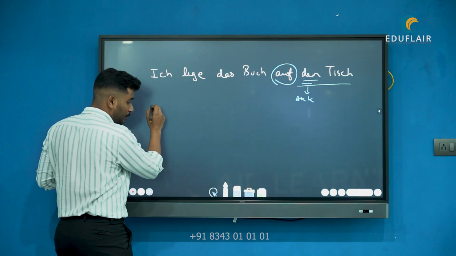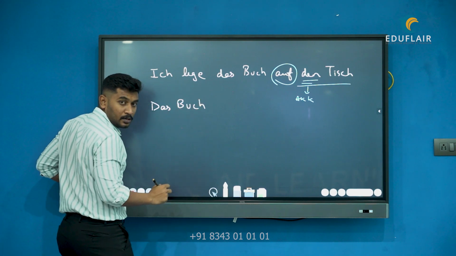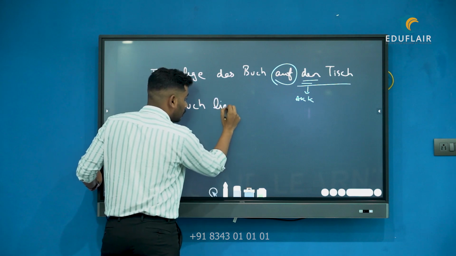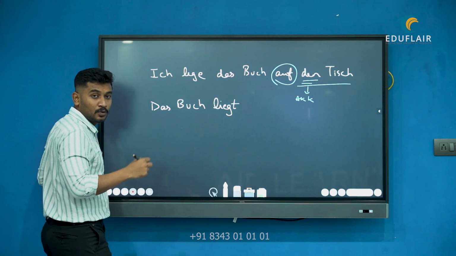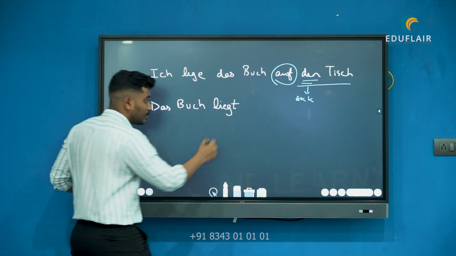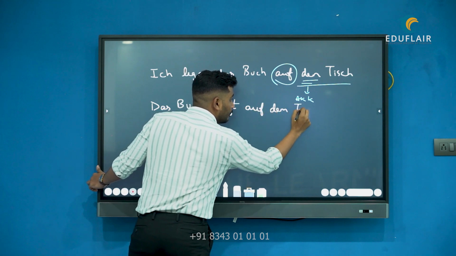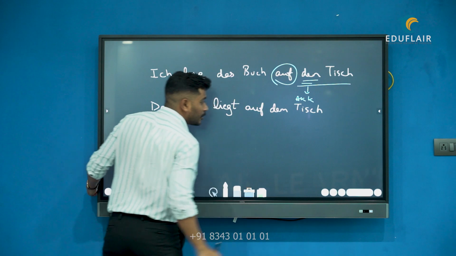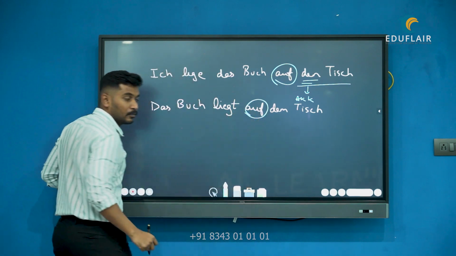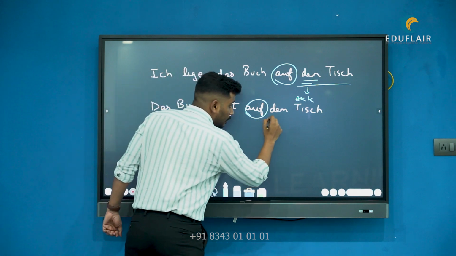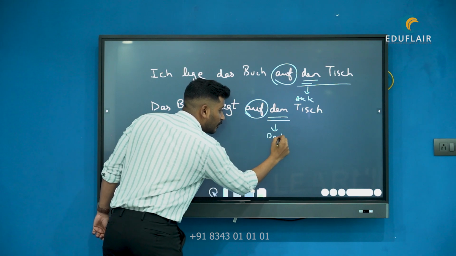Let me write down the example. Das Buch liegt auf dem Tisch. Liegen means to lie or to be situated at. Here, guys, I have again used the preposition auf, but the case that we have is dative.